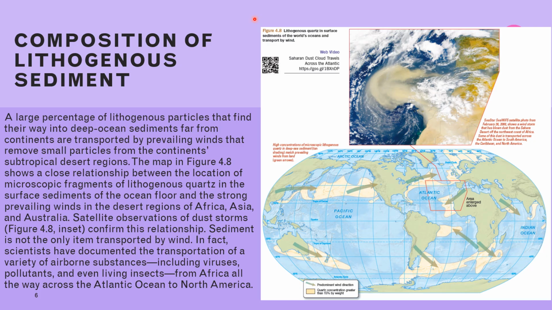Satellite observations of dust storms confirm this relationship, and sediment is not the only item transported by the wind. In fact, scientists have documented transportation of a variety of airborne substances, including viruses, pollutants, and even living insects from Africa all the way across the Atlantic Ocean to North America.